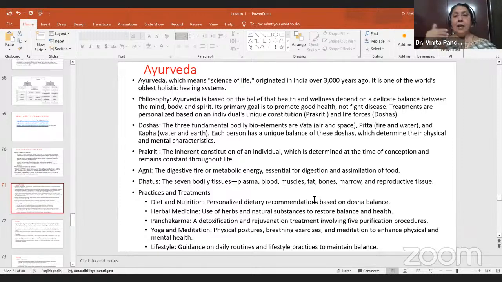So the entire Ayurvedic system is talking about diet and nutrition, personalized dietary recommendations based on dosha balance, herbal medicines prescribed, panchakarma, a kind of detoxification and rejuvenation treatment. See friends, even today's physicians, are they not talking about detoxifying your body? And if you are a yoga practitioner, or practicing spirituality, everyone talks about detoxifying your body.